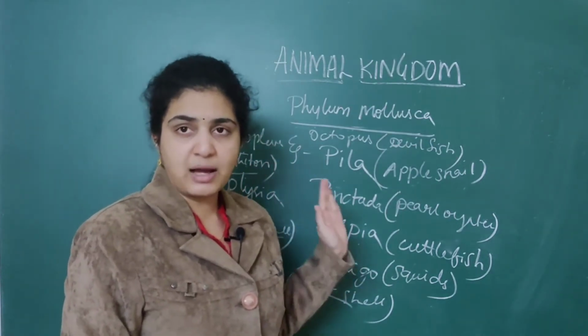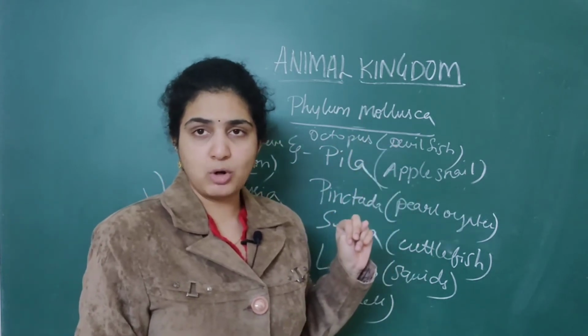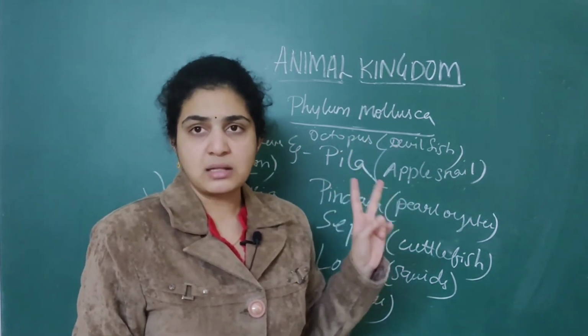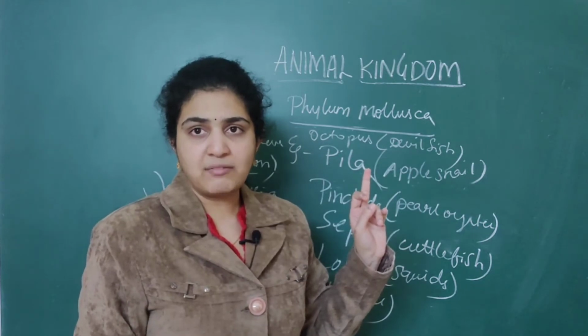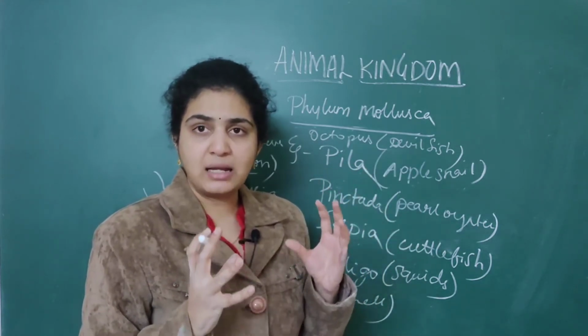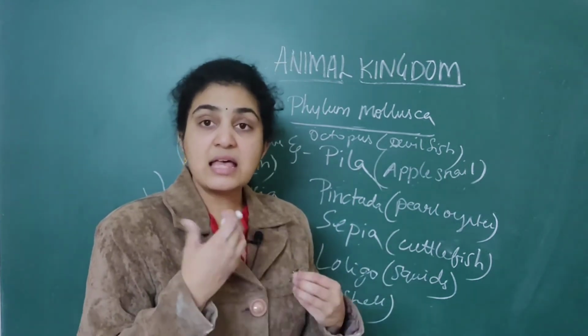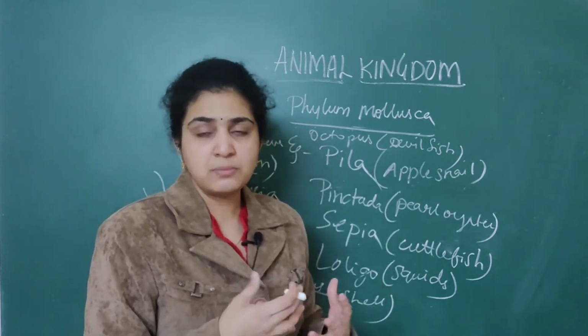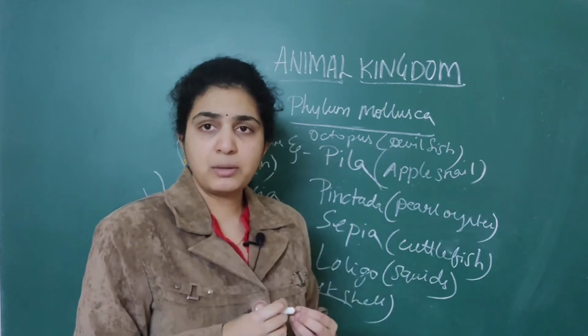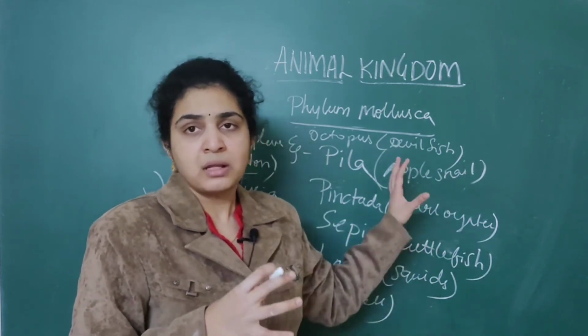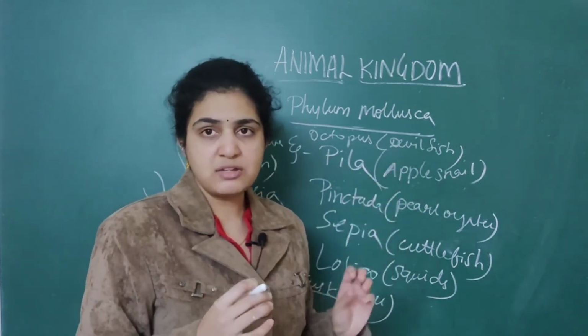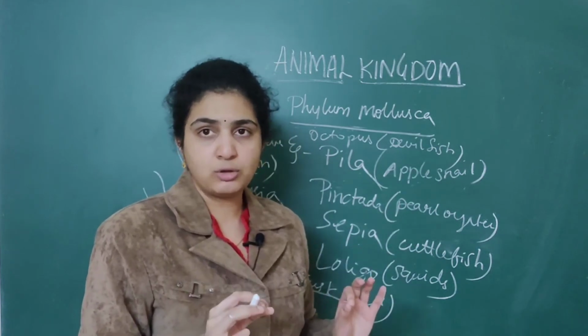So this is about the phylum Mollusca. Only two important points you should remember. One is the mantle cavity, the cavity between the mantle and hump, which is useful for excretory as well as respiratory function. Another important point is that the body is divided into three parts, which you all know.